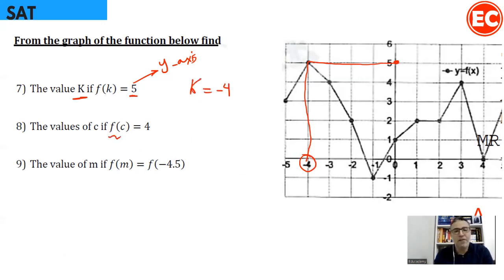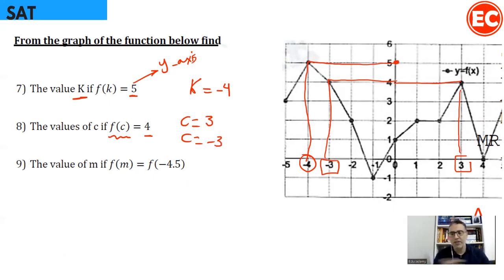Again, f of c is equal to 4. So I go to 4. The graph intersects at 3, and the graph intersects at negative 3. So I have two values for c. c could be 3 or negative 3. And according to what the question requires, I may decide which answer I'm going to choose.